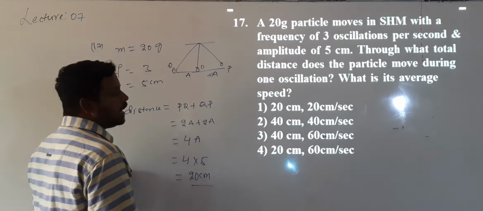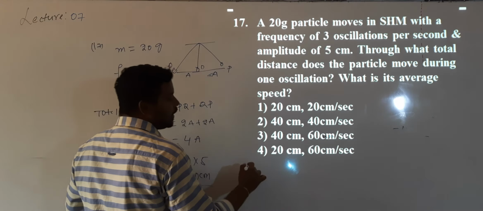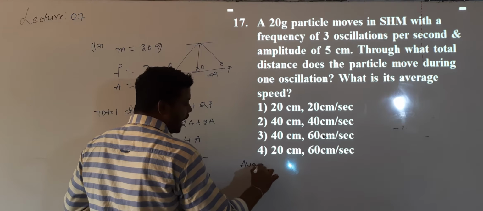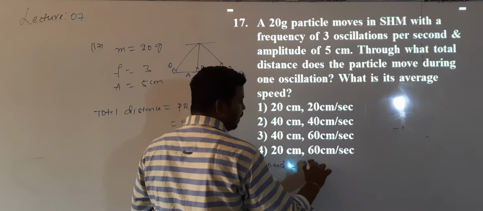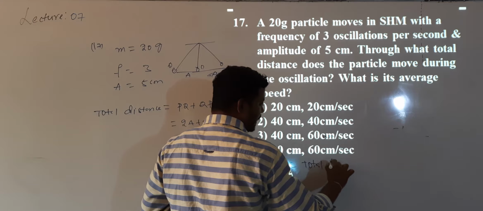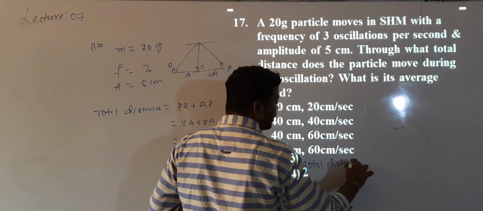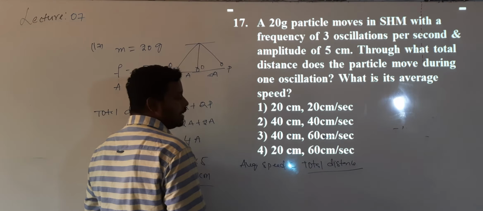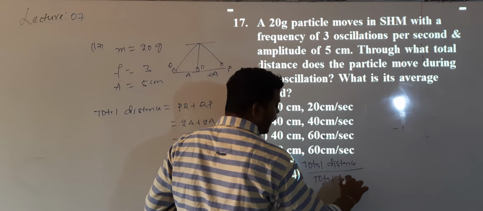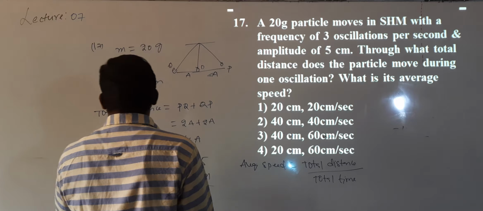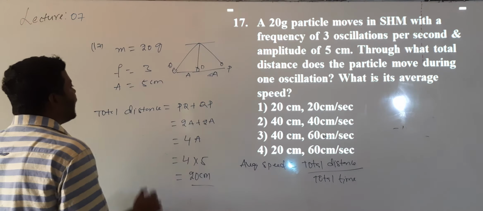They are asking for the average speed. Average speed definition: total distance traveled by total time taken. Total distance for one oscillation is 20. Total time taken is nothing but the time period.